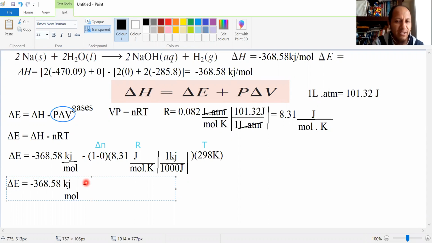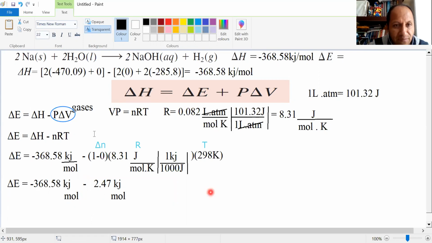All of that calculation is going to give us, let's type, 1 minus 0 is 1, times 8.31, times 298, divided by 1,000. It's going to give you specifically 2.47 kilojoules again over mole. Got it?